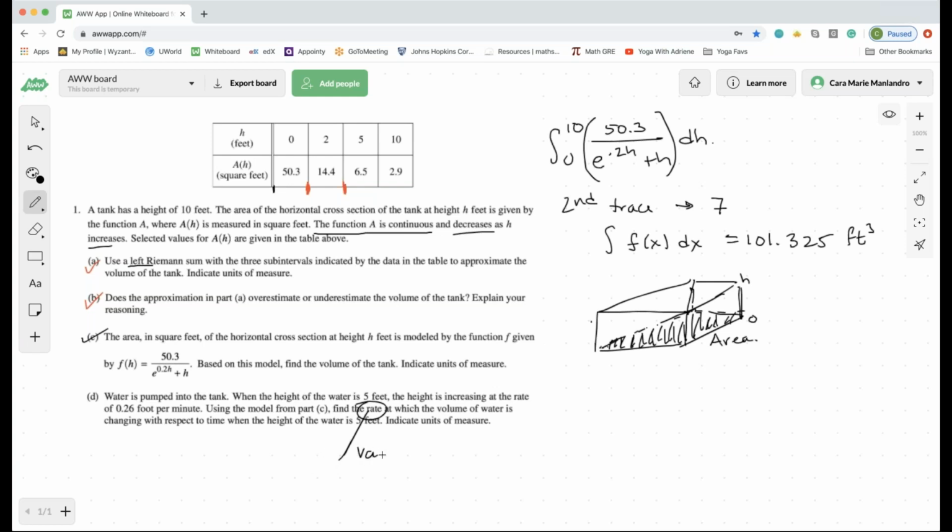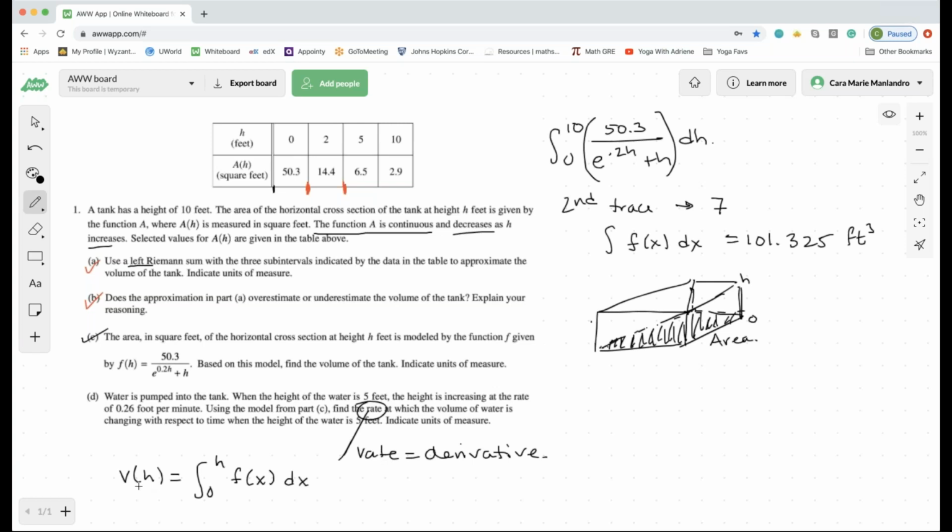Rate equals derivative, right? So if the rate is a derivative, we've got to take the derivative of our function, and our function is the integral of 0 to h of f of x dx. Everybody with me?